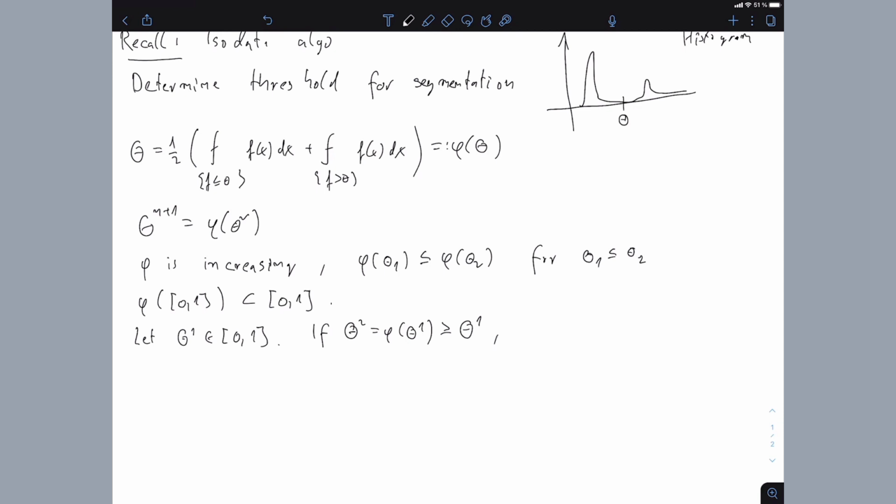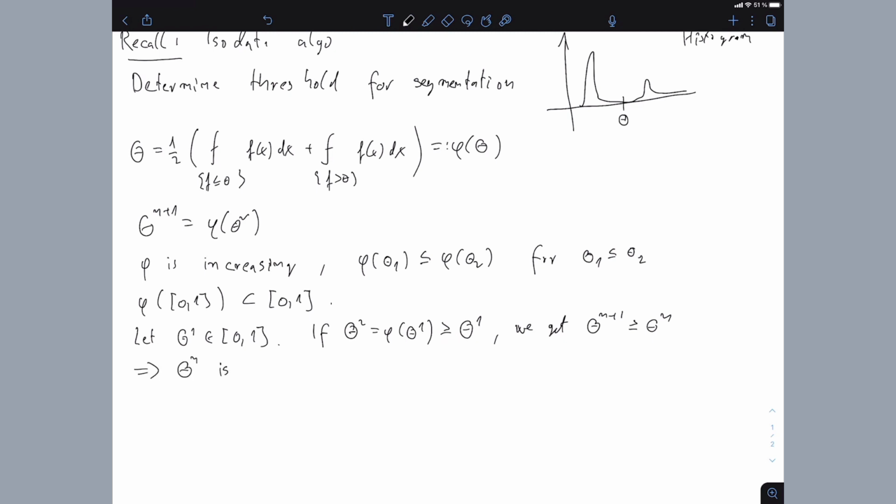In the first case we get that theta n plus 1 is greater or equal to theta n, because we just apply phi on both sides to go to theta 2 and theta 3 and so on. And since phi is increasing, it will maintain this relation. So we have an increasing sequence.